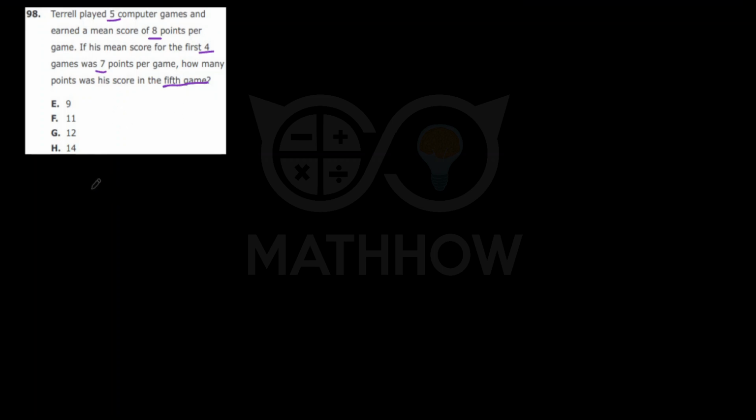So, mean can be calculated as the sum of all terms, suppose the sum of all terms is S, divided by the number of terms. If we want to calculate the mean for the 5 computer games, so this is S5, the sum of the first 5 games divided by the number of games equals the mean, 8 points per game, right?